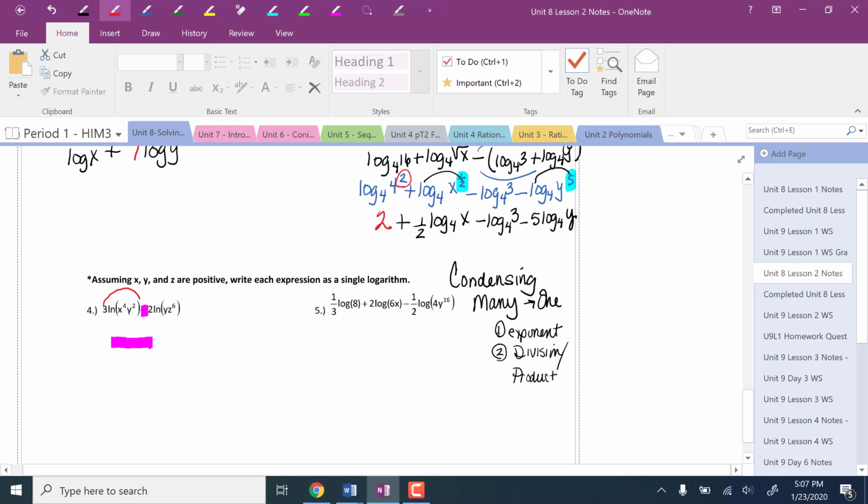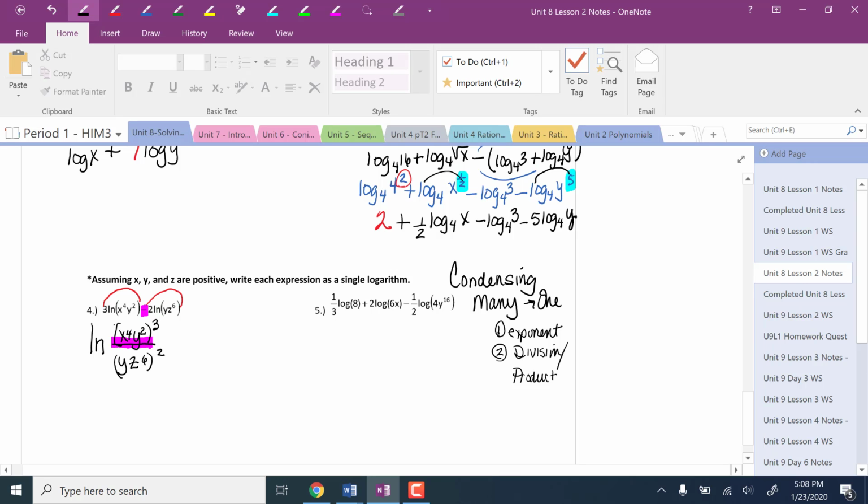So I want to do this, and I want to do this. Then I can make my form. I have the natural log of x to the 4th y squared all cubed. This is your division bar over y z to the 6th all squared.